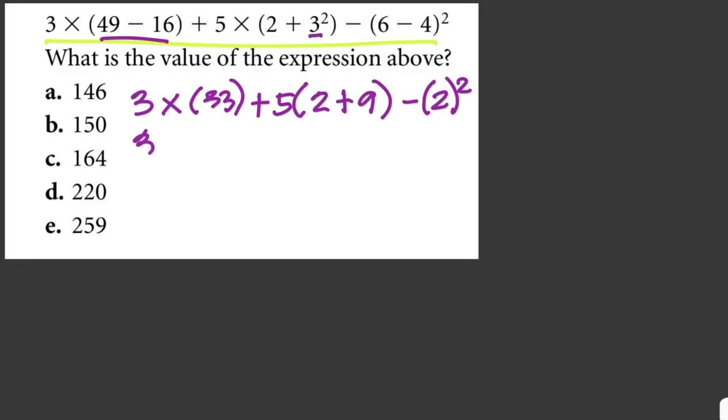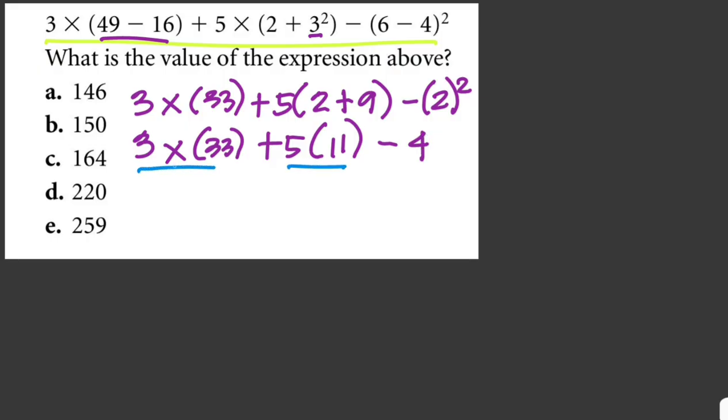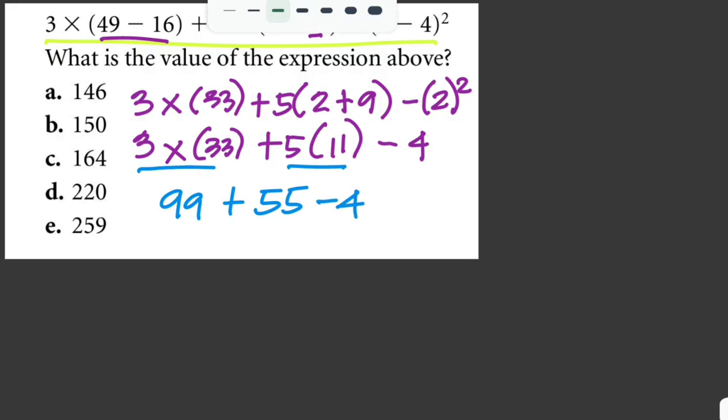And this would become 3 times 33 plus 5 times 2 plus 9 is 11 minus 2 squared is 4. Then we can perform the multiplication first. 3 times 33, that is 99, plus 5 times 11, which is 55, minus 4.